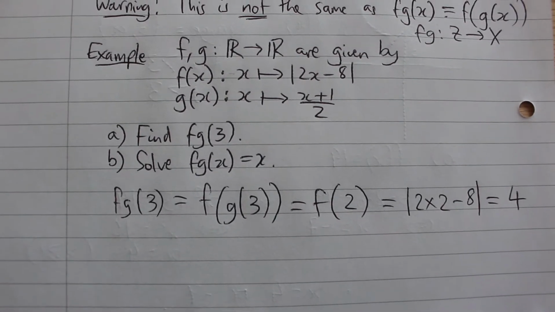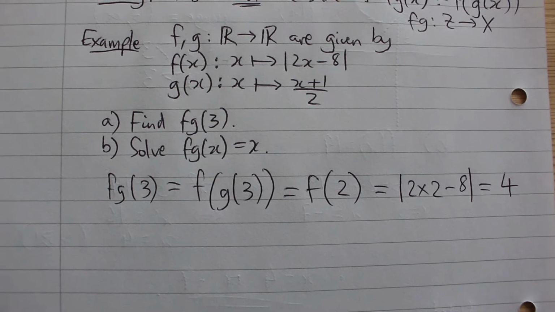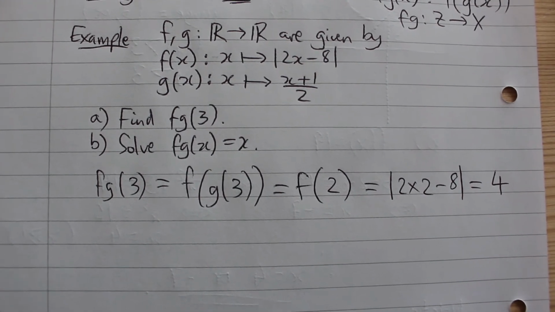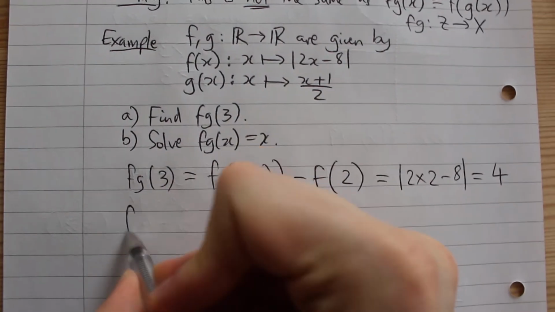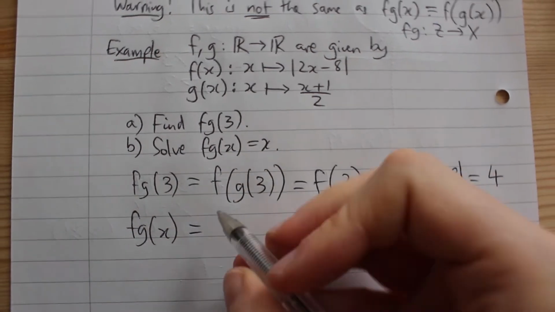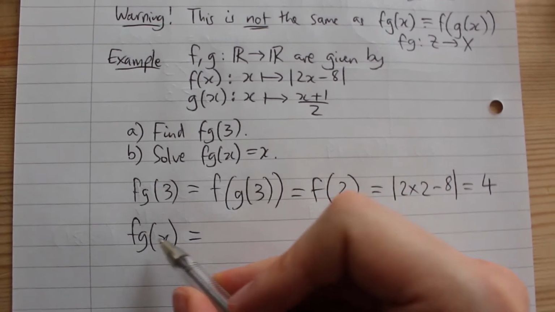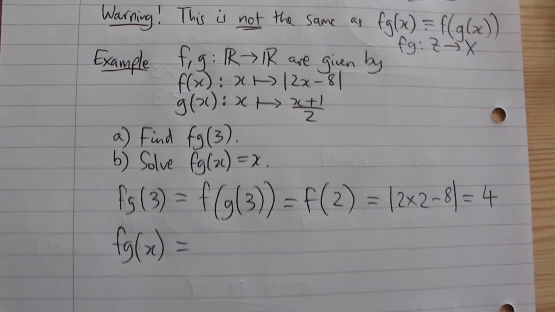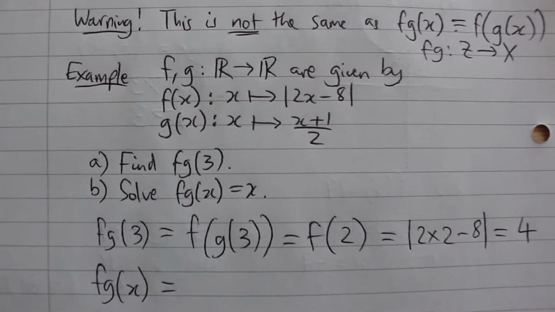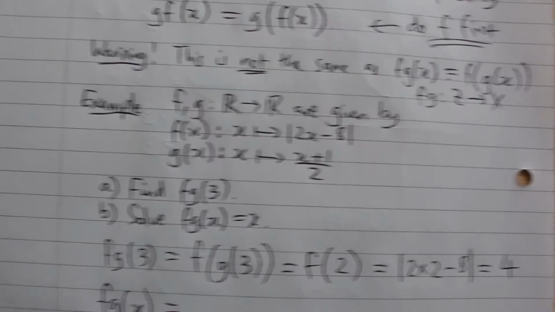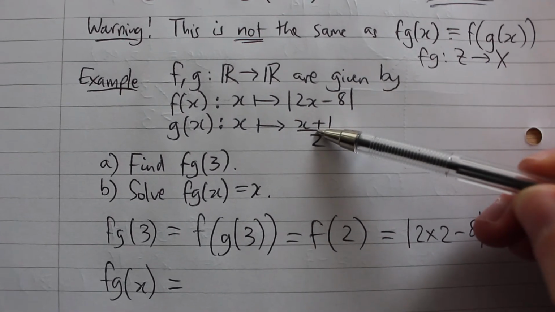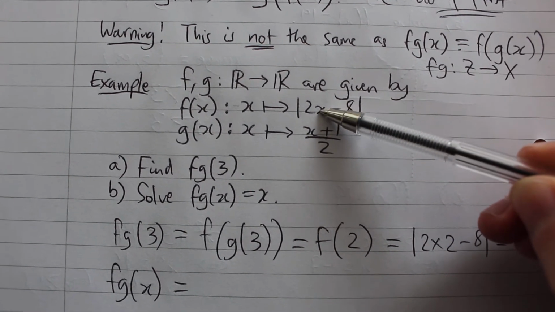And then the second part is to solve fg of x equals x. So let's work out fg of x. So fg of x, we do g first and put that into f. So we're going to put into f (x plus 1) over 2 in place of this x.